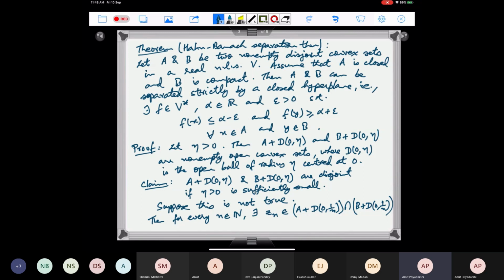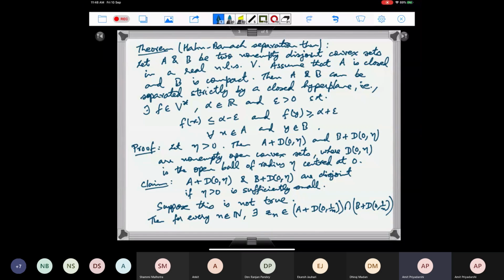What you do is that for every point you first find neighborhoods such that these are disjoint, and then you get an open cover of this set B, and then you can take a finite subcover, and that will give you this.